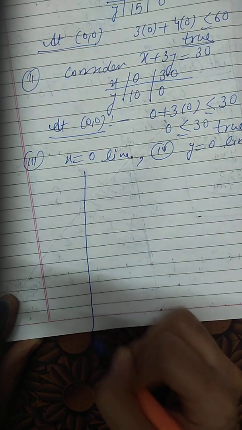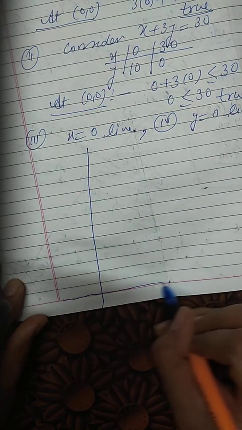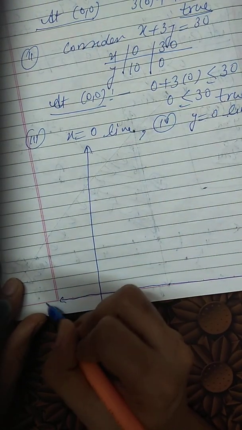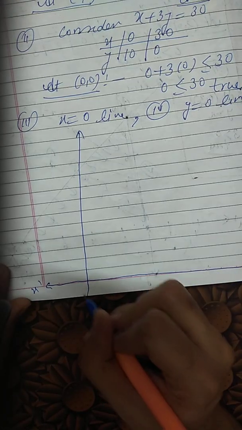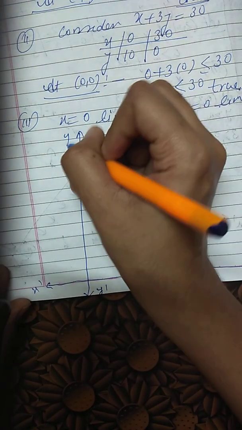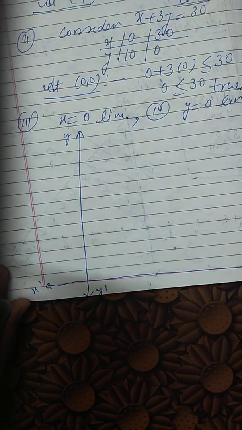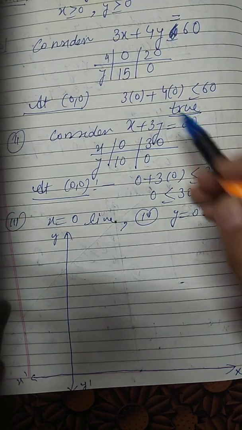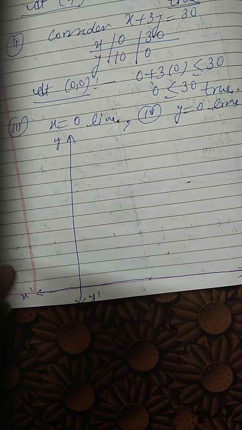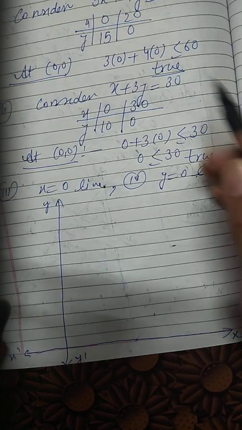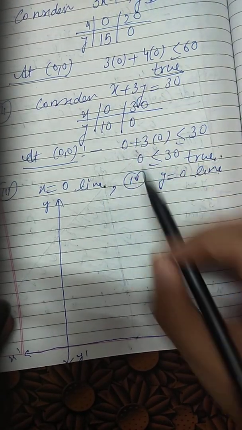So let us plot. Since the solution is completely lying in the first quadrant, that is why I have taken the first quadrant bigger in size and the other quadrants I have taken smaller. Okay, before plotting the lines, let us mark the points, because we have the points like 15, 20, 10, 30.